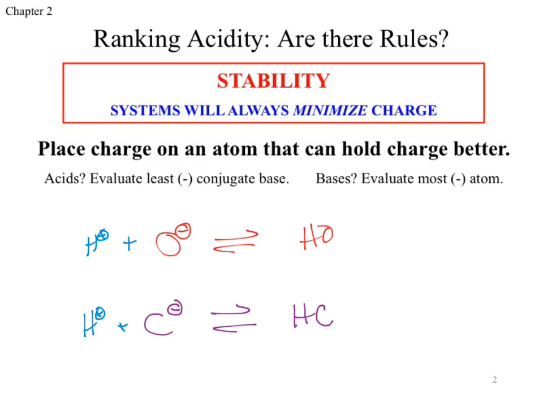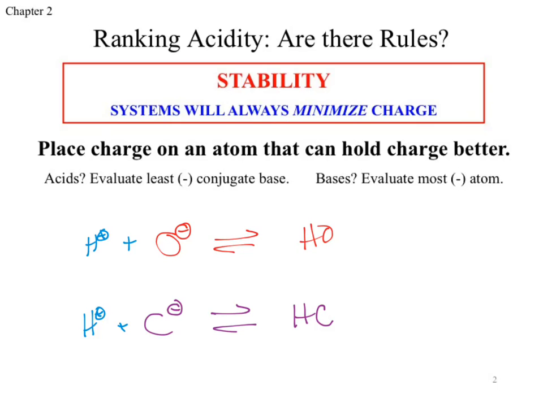If I look at the conjugate acid, what's the charge in case of my bases? Neutral. I don't have anything to compare. So I want to instead look at the bases themselves. Whichever one has the highest energy charge or the least stable is going to be the most basic. So I don't have to do a back and forth in that situation because I'm already starting in that charged state. Okay? Kind of makes sense? At least sort of.